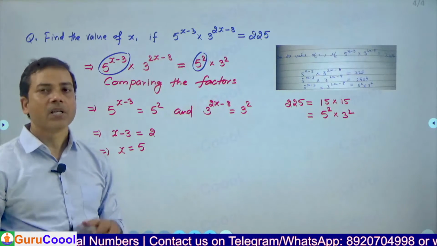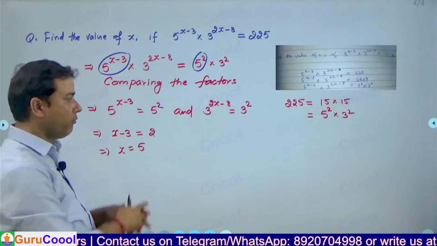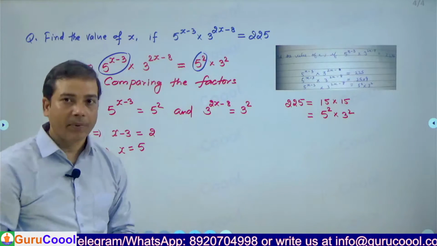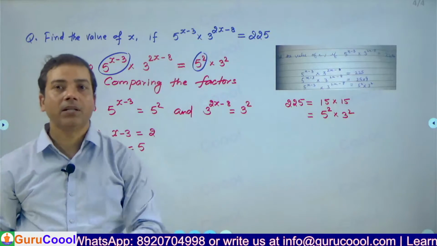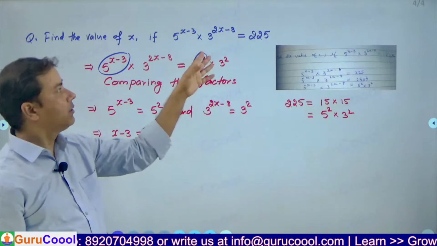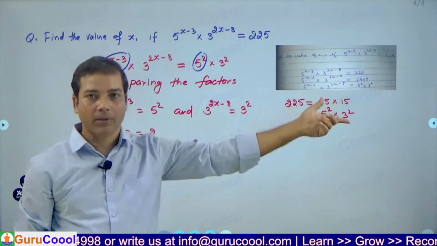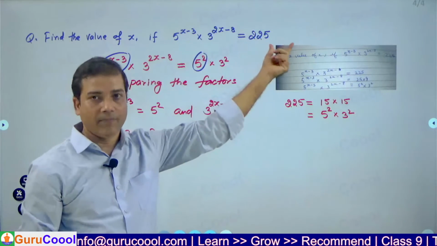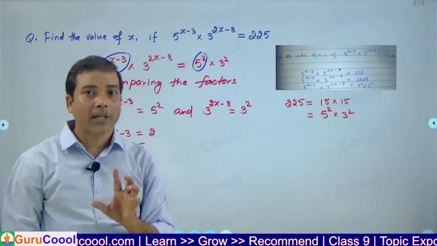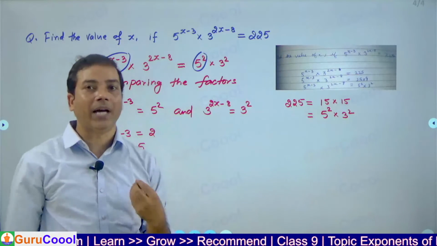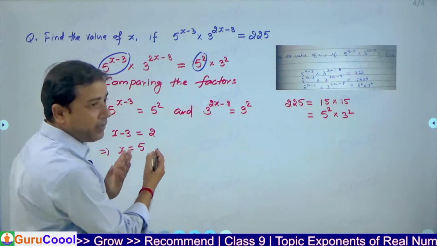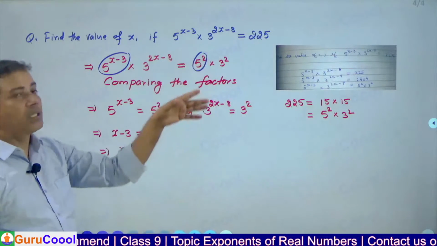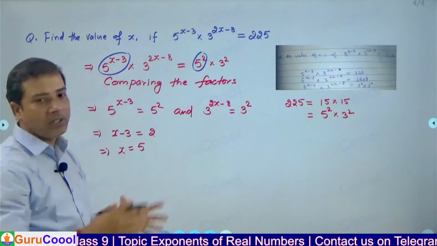But suppose in a case we get different values of x, that means the question itself is impossible. The product of these two cannot be equal to 225. If you get different values of x here and here, that means the question itself is wrong and no one can solve it.